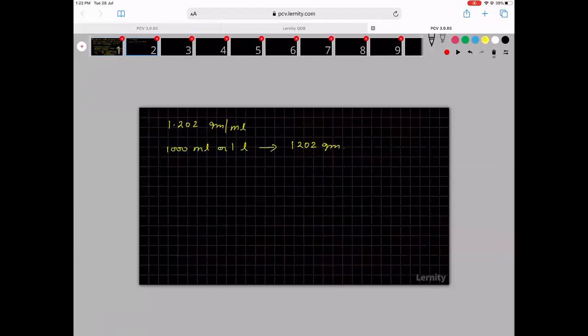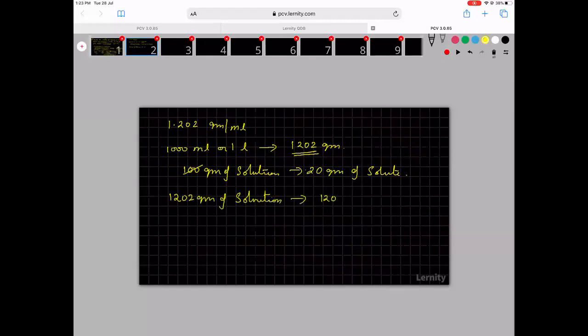Now in 100 grams of solution, there is 20 grams of solute. So in 1 gram it will be 0.2. So in 1202 grams of solution, we will have 1202 into 0.2 grams of solute.